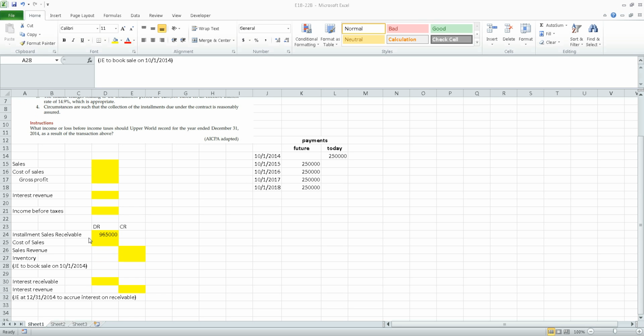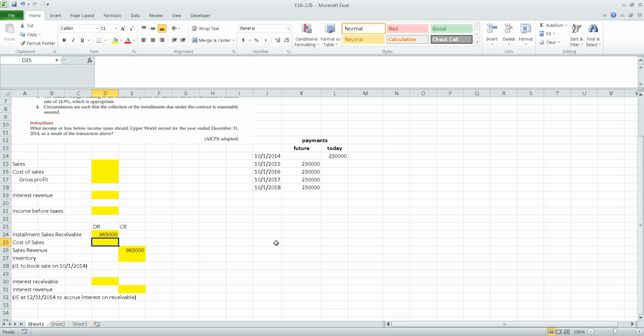The offset to this installment sales receivable is the amount of sales revenue that we're going to recognize. In other words, we recognize the sales revenue based upon the present value of the future payments that are required to be made under the installment agreement.